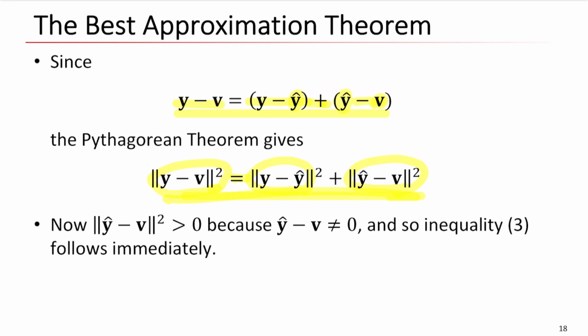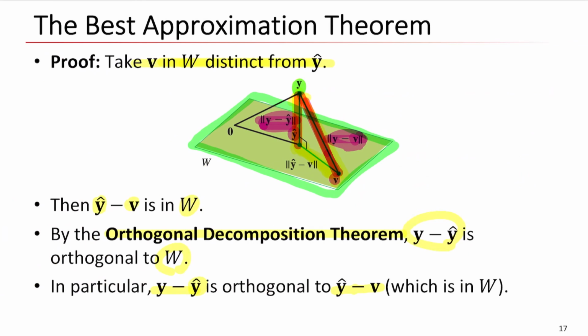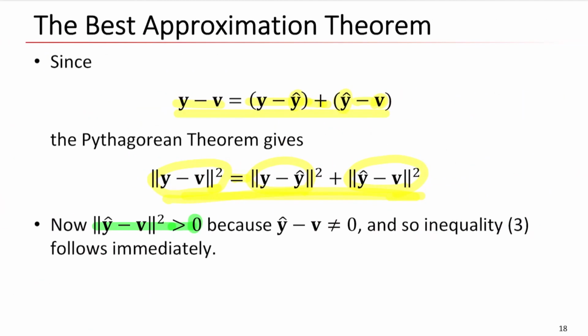The squared length of Y hat minus V is larger than 0. Why? Because Y hat is not equal to V, right? And because this is a squared length, it should always be larger than 0, right?